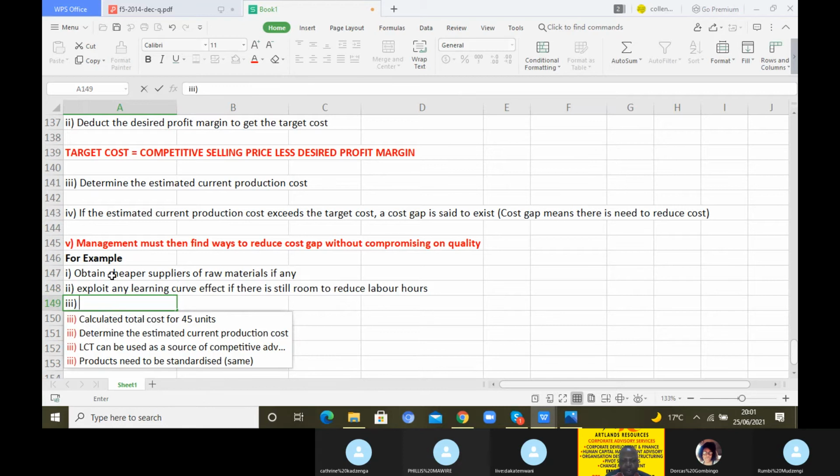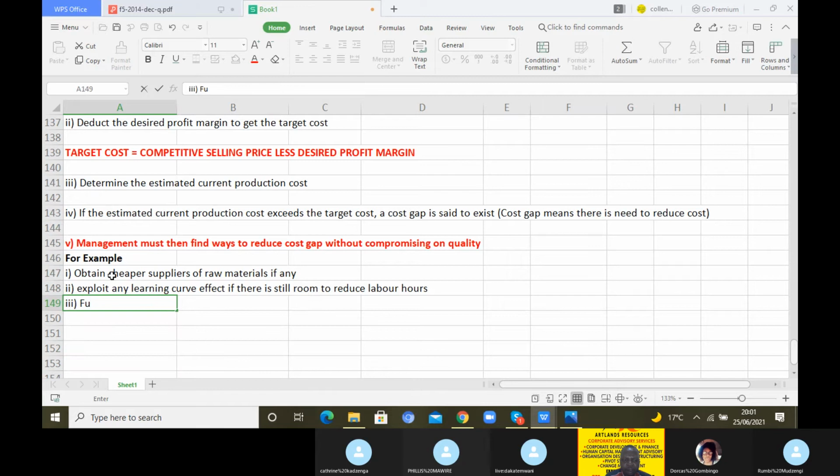There are quite a lot. You can do what is called functional analysis or value analysis to eliminate costly processes which are not contributing to customer value.